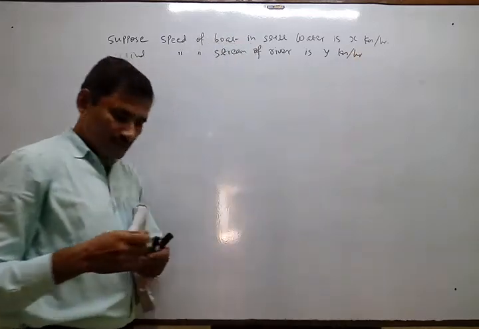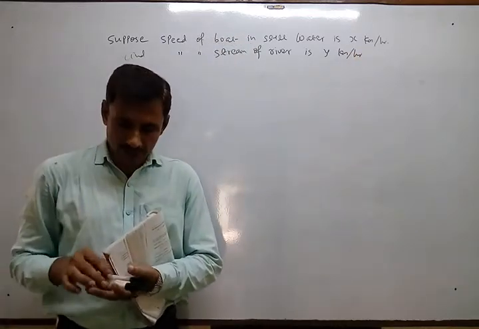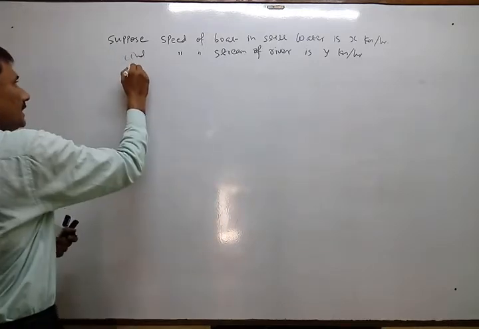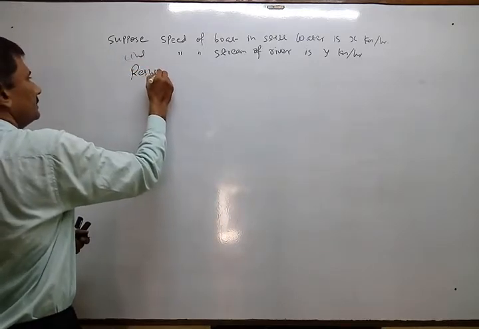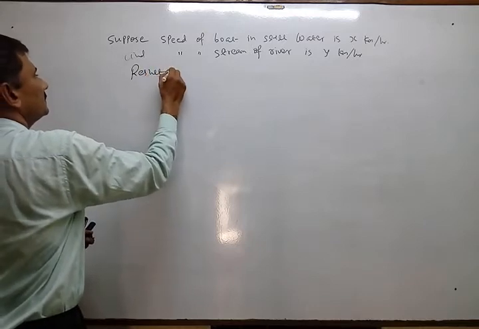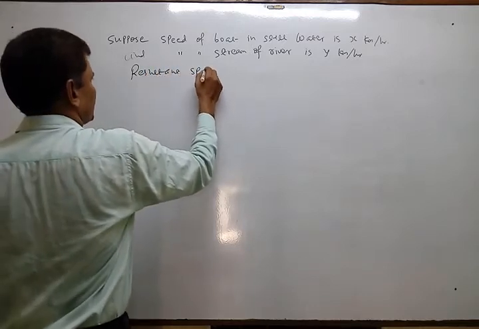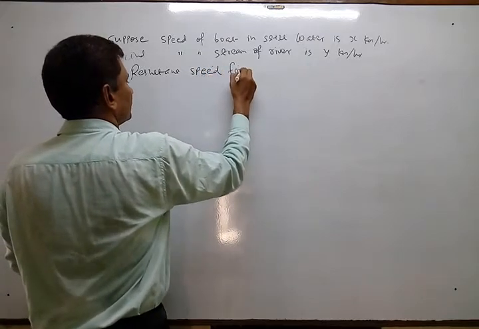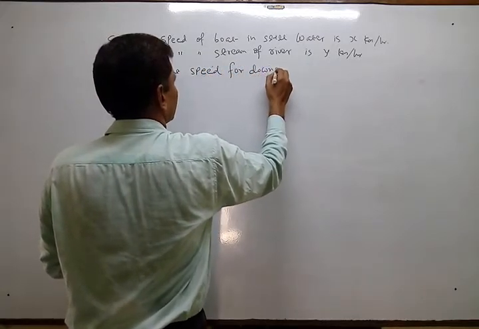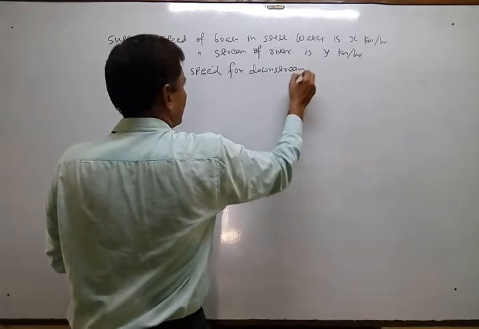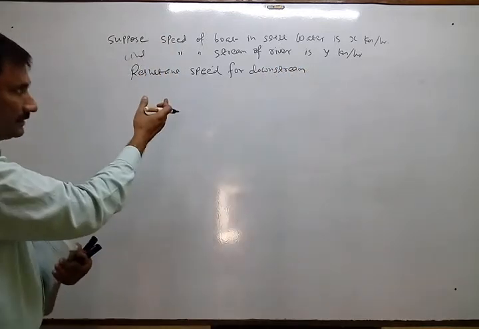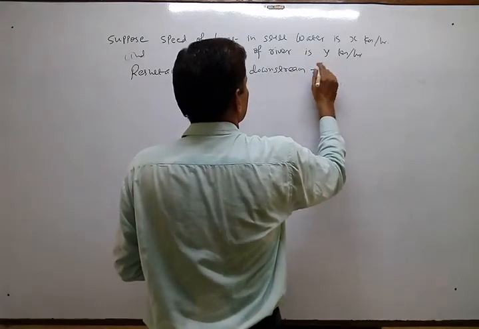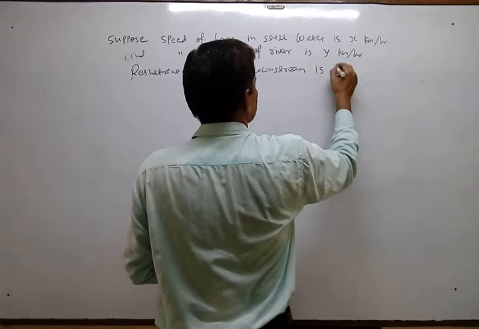But whenever a boat swims in a river, no individual speed is used, resultant speed is used. So write down the resultant speed for downstream. Whenever you are going downstream, I have written in short, it is equal to x plus y.